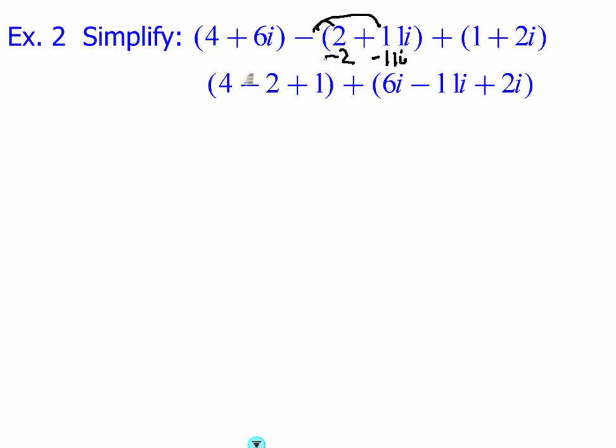And then I just rearrange things so that my integer terms are together and my imaginary terms are together. And then I just work it out. 4 minus 2 plus 1, 4 minus 2, that's 2, plus 1, that's 3. 6 minus 11 plus 2, 6 minus 11 is negative 5, plus 2 is negative 3. So this becomes 3 minus 3i. So that's all we're doing, combining like terms.